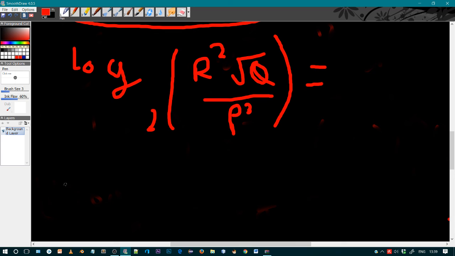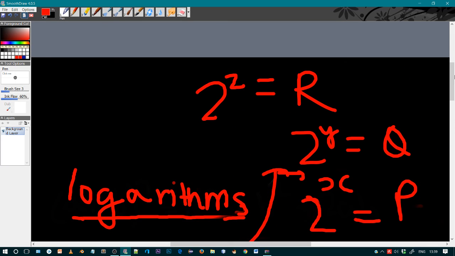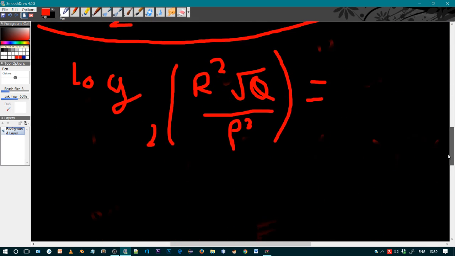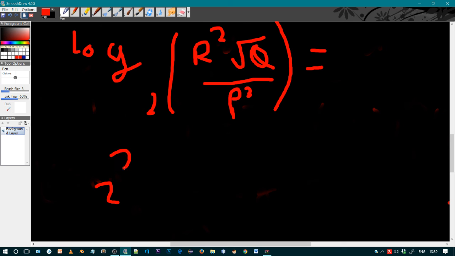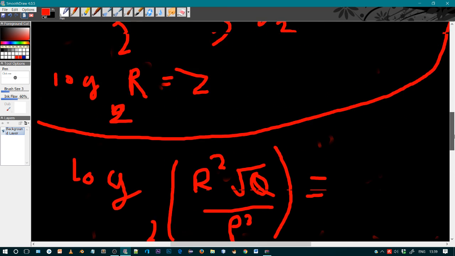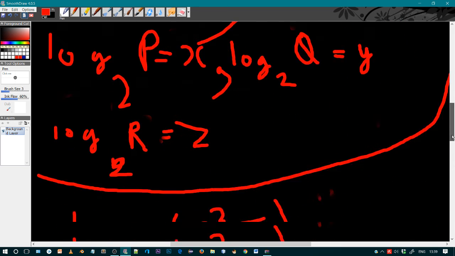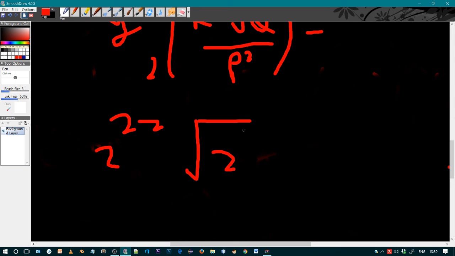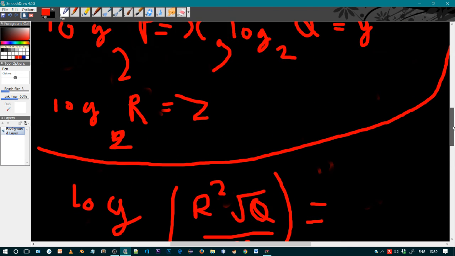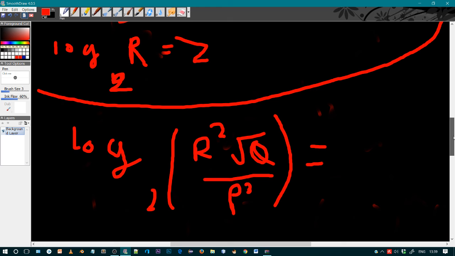So first we're going to simplify this expression. Now r is 2 to the power z, so r square will be written as 2 to the power 2z, into root q, which is 2 to the power y, upon p cube, right?